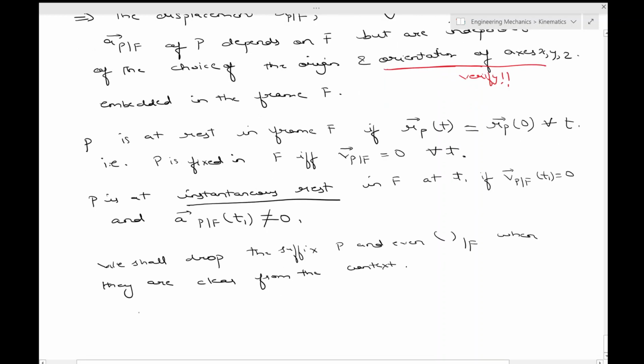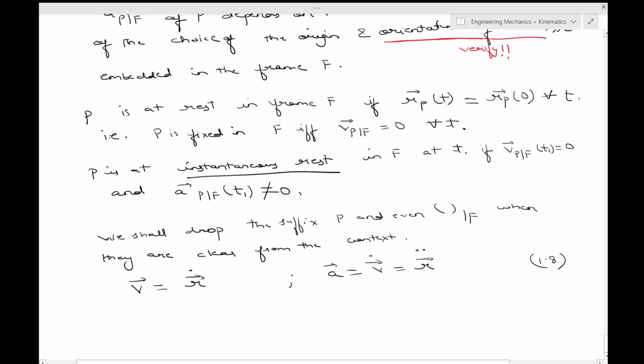So the velocity is written as the time derivative of the position vector. The acceleration is written as the time derivative of velocity, which is the double time derivative of the position vector. So this is equation 1.8. Now since both the velocity and acceleration are vectors, what would be the direction?